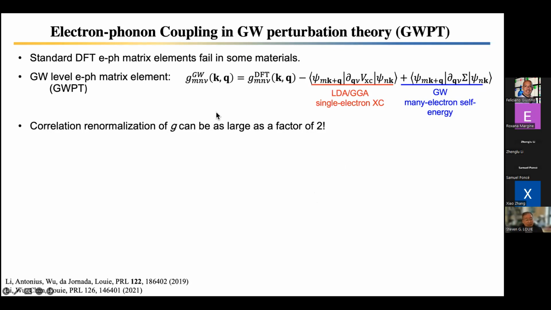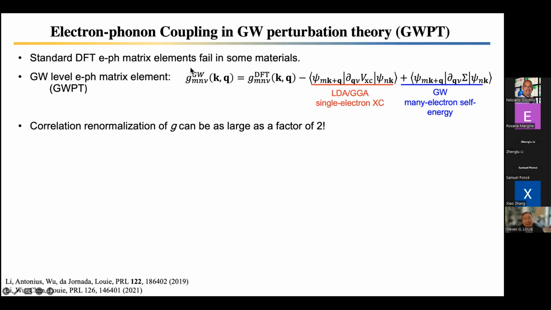So what we have done recently, this is work that Professor Steve Louie has worked on, and he will give you more detail in his talk later. What we have done is to include self-energy effects on the electron-phonon matrix element at the GW level.